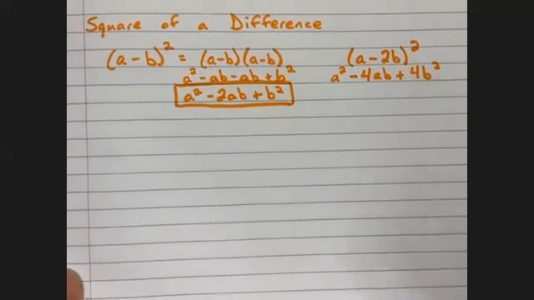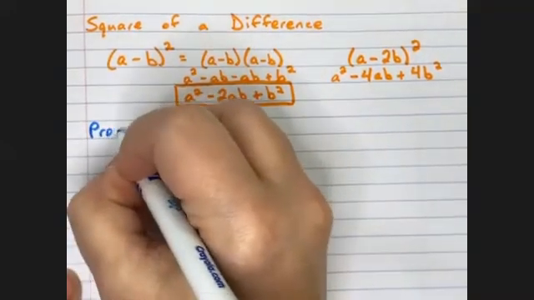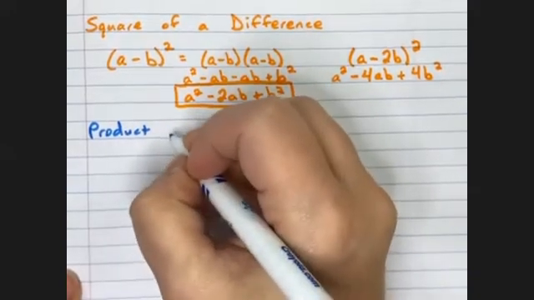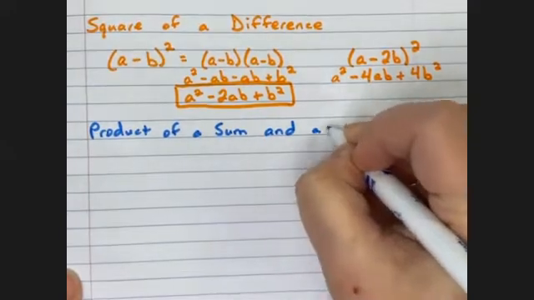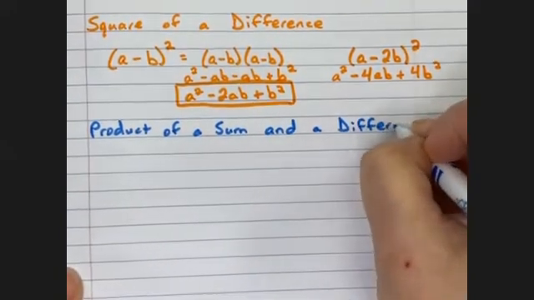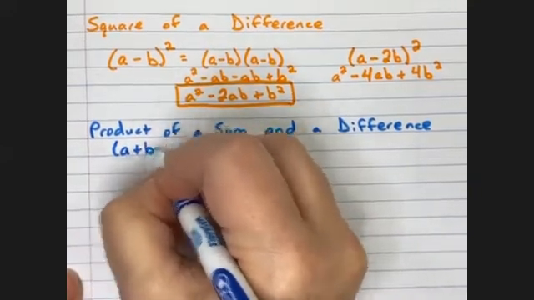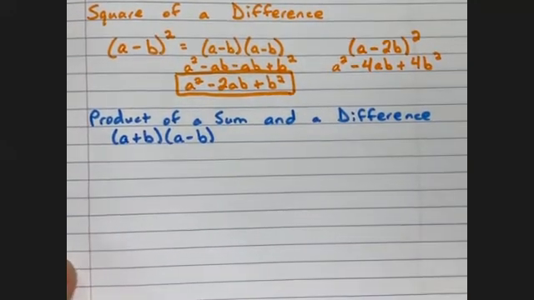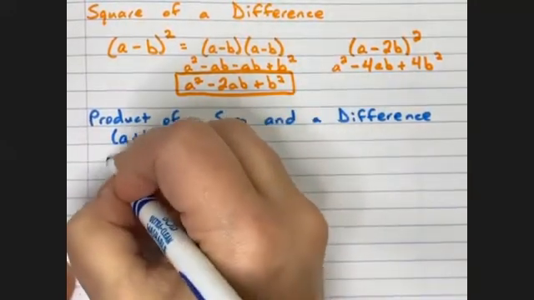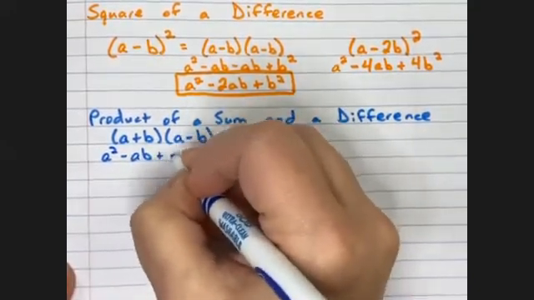There's one other, and this one is going to be the most useful, I think, but it is a product of a sum and a difference. So if I had a plus b times a minus b, well, if I FOIL this out, it's going to be a squared minus ab plus ab.